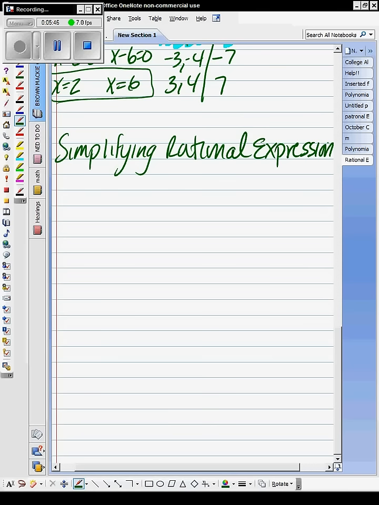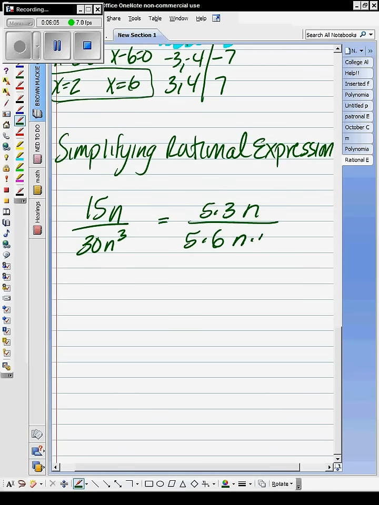Let's start easy. If I had 15n over 30n cubed, right? Well, what multiplies to be 15? 5 times 3 and the n, and what multiplies to be 30? I would say 5 times 6 and 1n, 2n, and 3n.